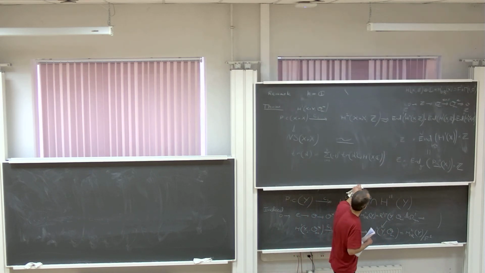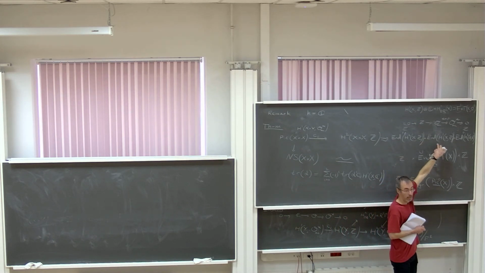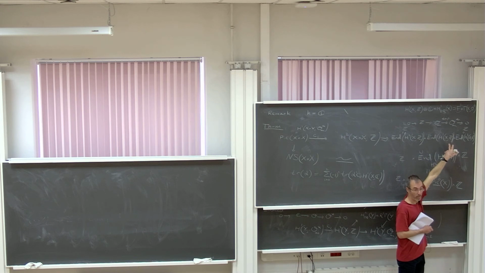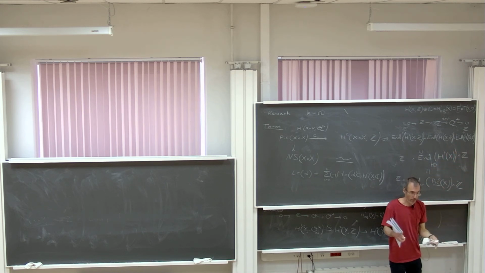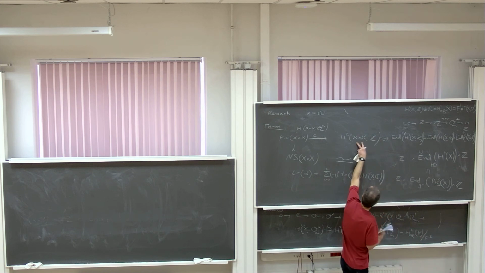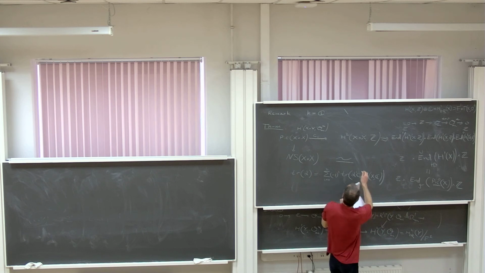You write it as an endomorphism of the homology groups. And now you have to understand what it means that the class that you started with here lives in F1. This is an isomorphism, and here we have F1.